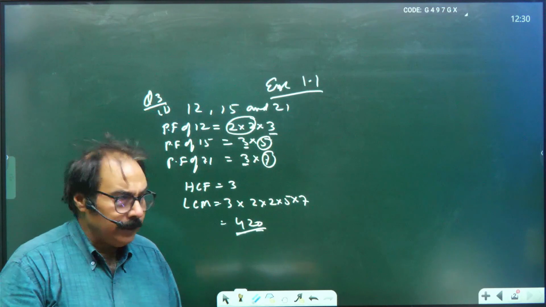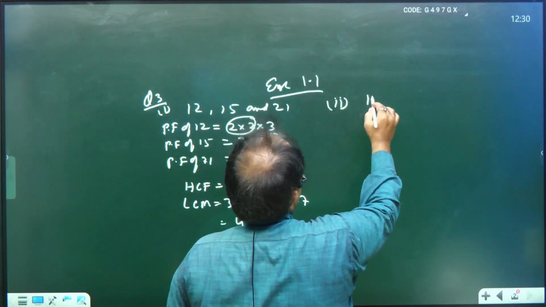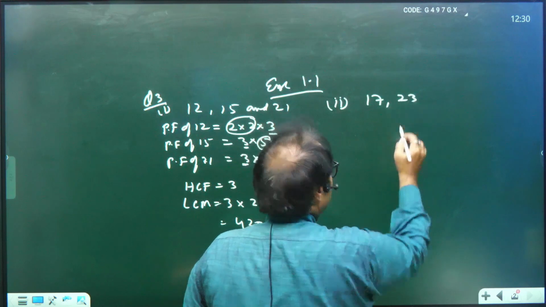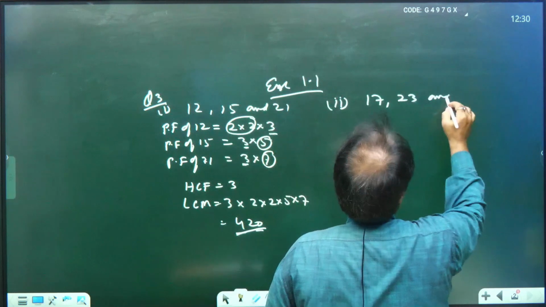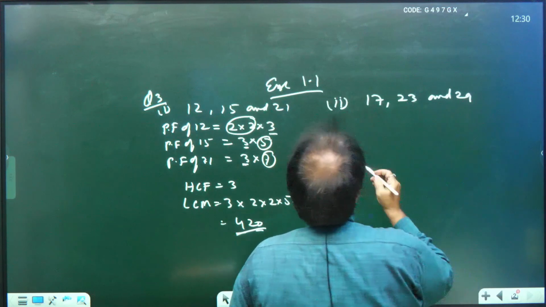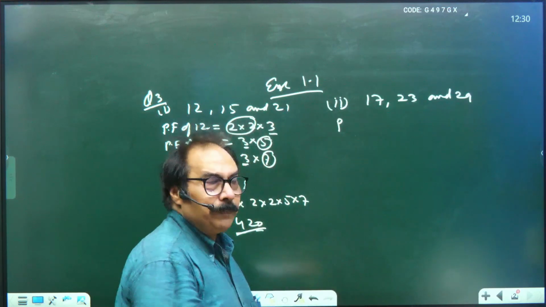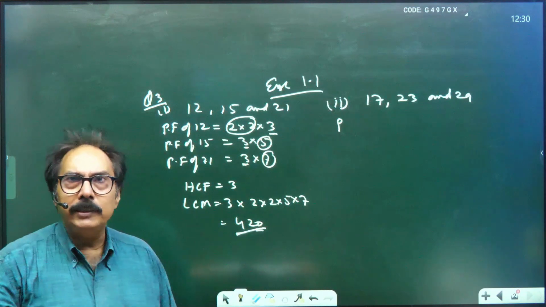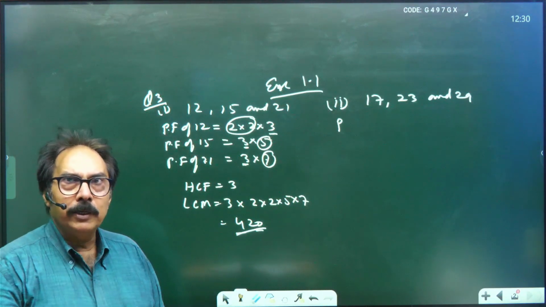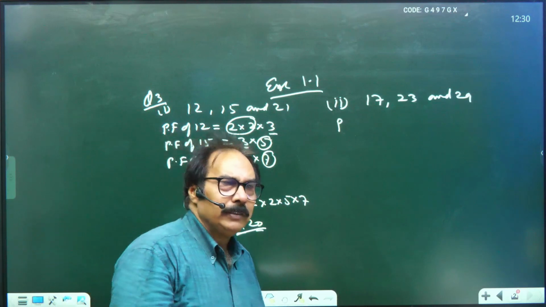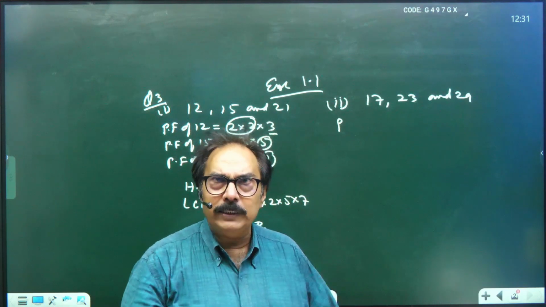The second part of this question is 17, 23 and 29. You see 17 is itself a prime number, 23 is itself a prime number, and 29 is itself a prime number. As I told you previously, the HCF of two or three prime numbers is always 1.